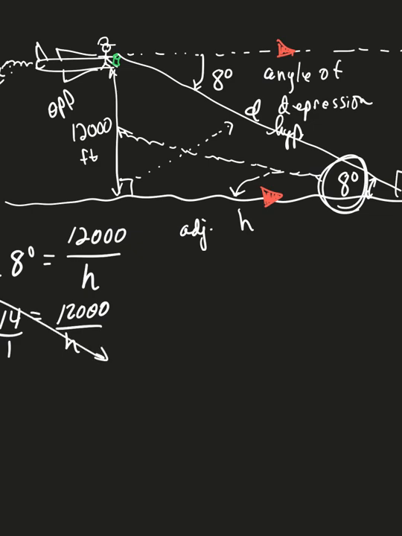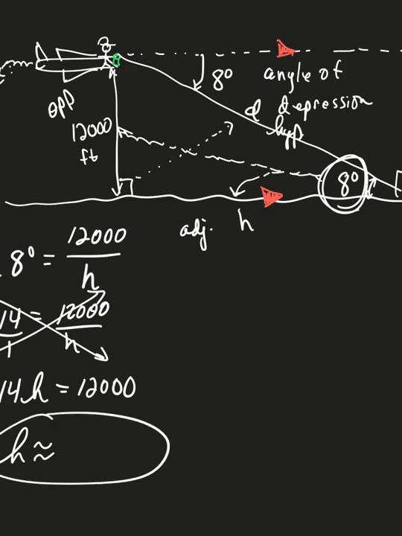Multiply this way, 0.14 times h. Cross multiply this way, 1 times 12,000. When I divide both sides by 0.14, the horizontal distance is going to be 12,000 divided by 0.14. What we get is approximately 85,714. So that's how many feet horizontally we are away from the town.